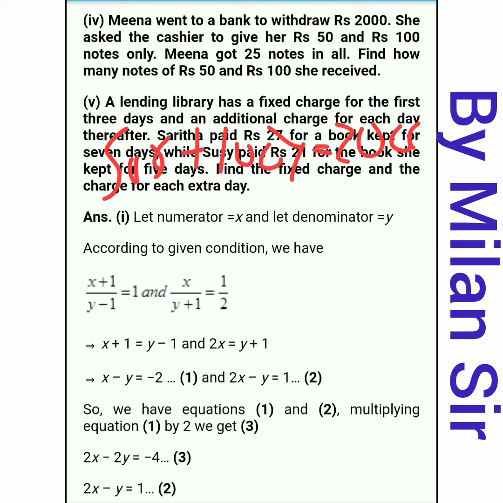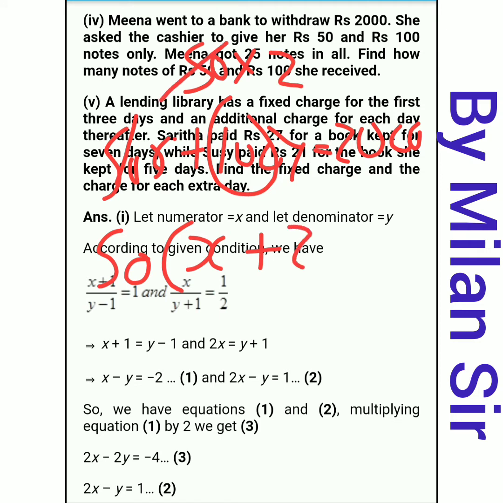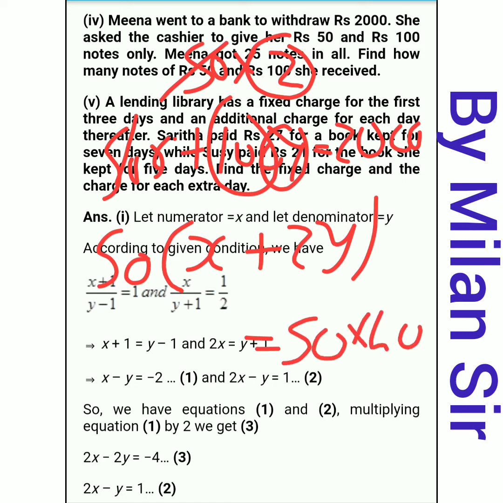Now we can simplify it. Take 50 as common. So here 50 is cancelled, so x is remaining. Here 100 means 50 into 2, so 2y remains, is equal to 2000. That means 50 into 40.